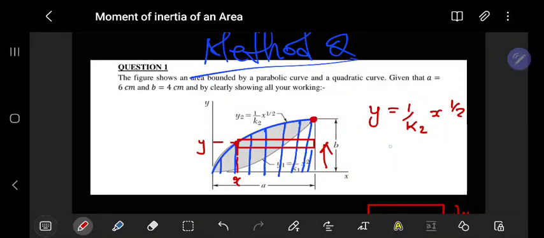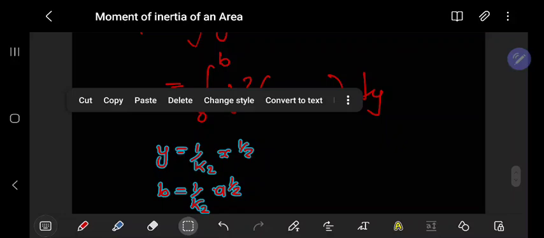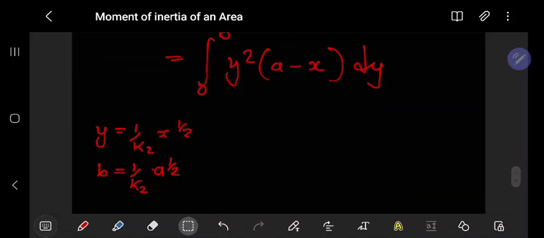So when y is b and x is a, we have that expression. What will be k2? So in this method, let's see what we get. We still get the same expression for k2. This would imply that k2 would be equal to a to the power half over b.